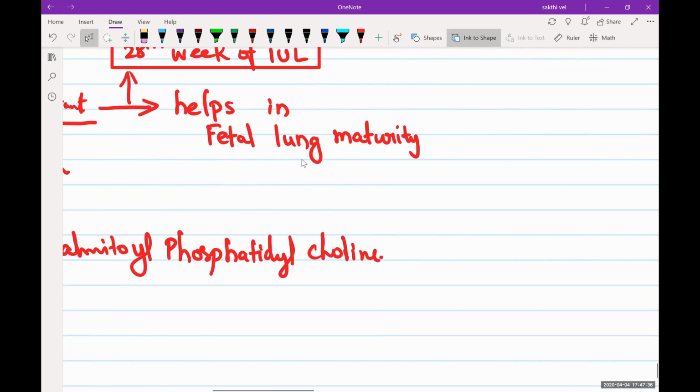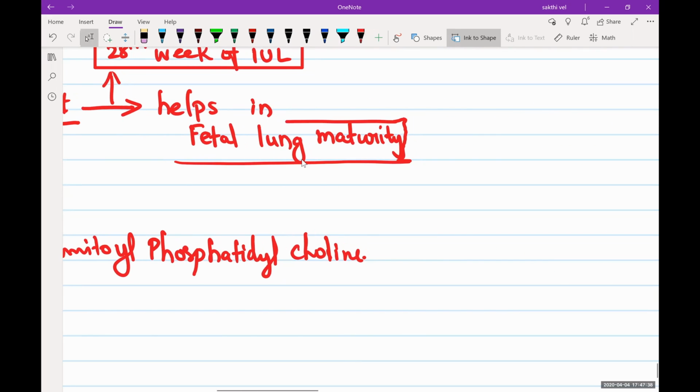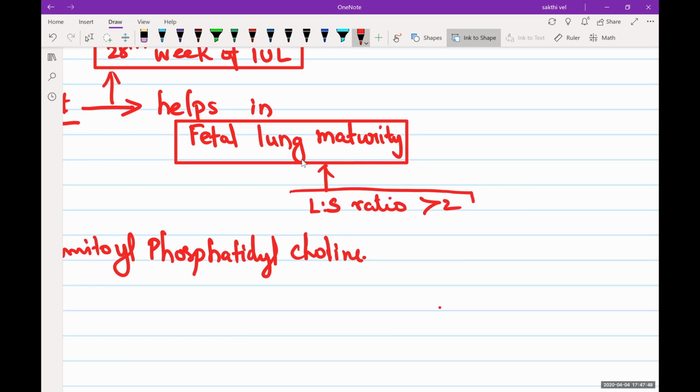And what should be the lecithin sphingomyelin ratio to determine that the fetal lung is matured? The LS ratio should be greater than 2 to check whether the fetal lung is matured or not.